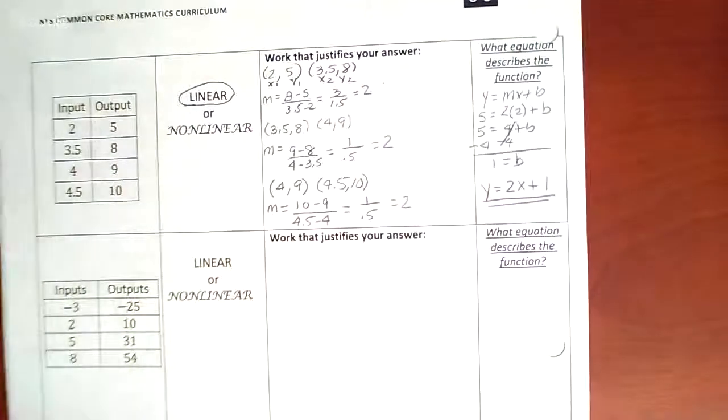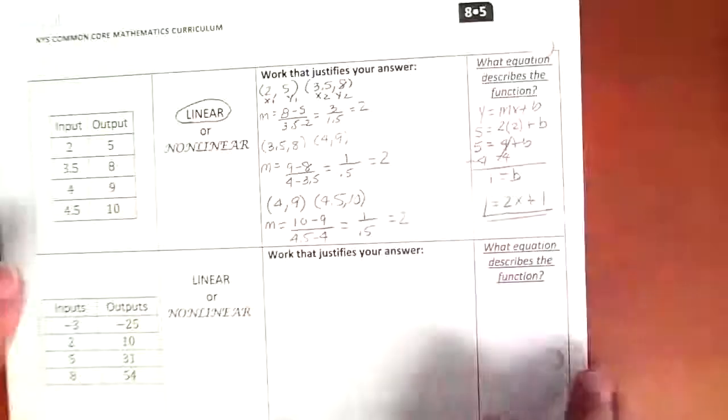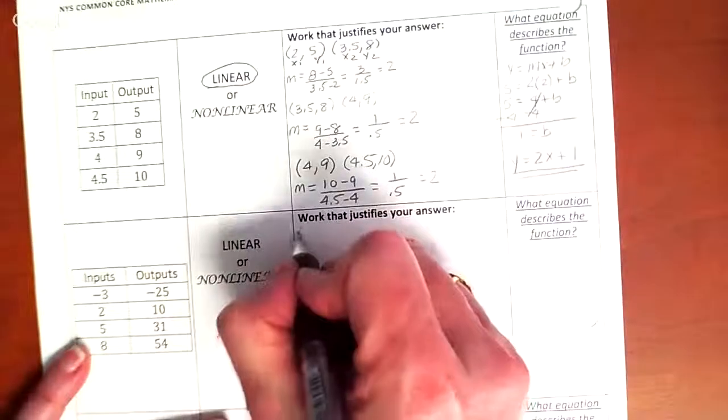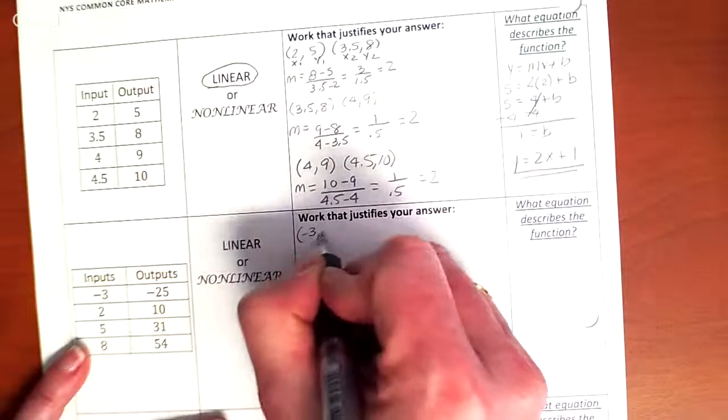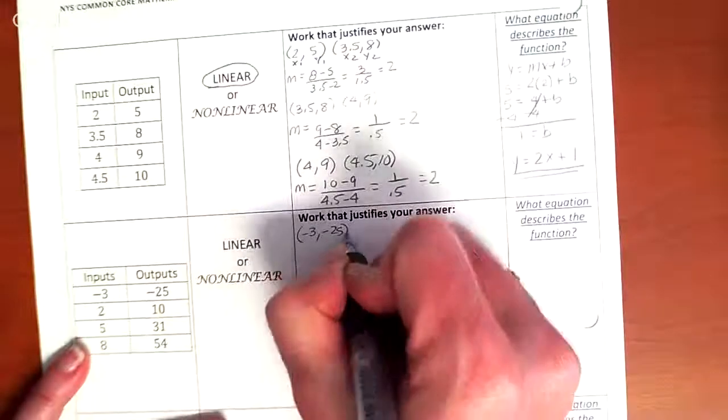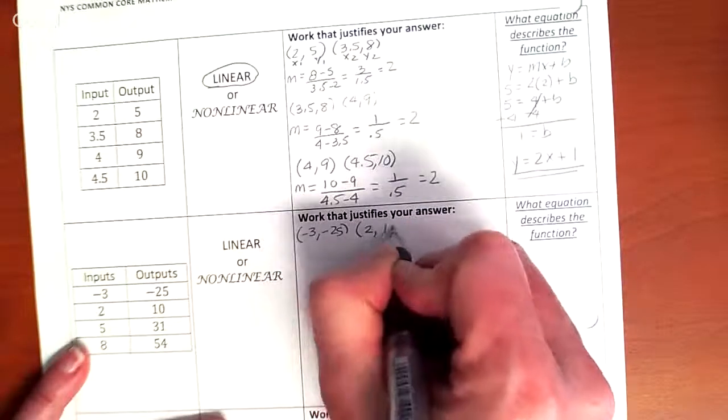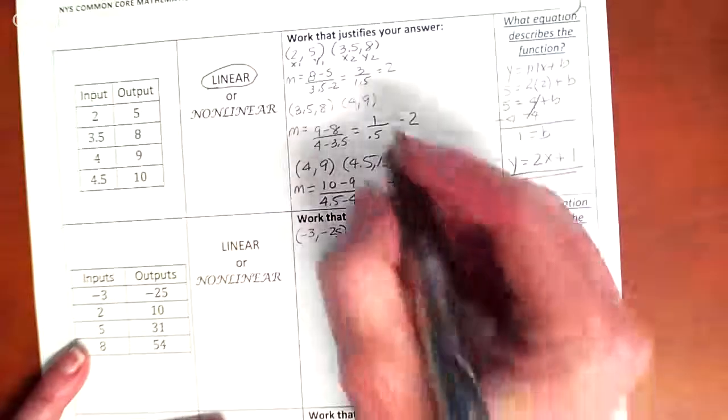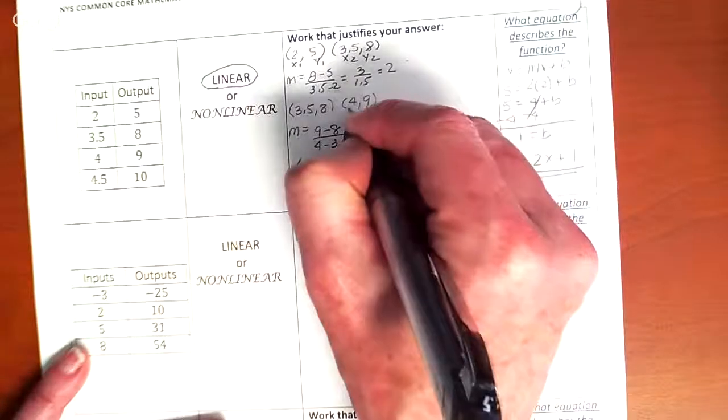So next, we're going to check. We have (-3, -25) and (2, 10). Let's fix these here.